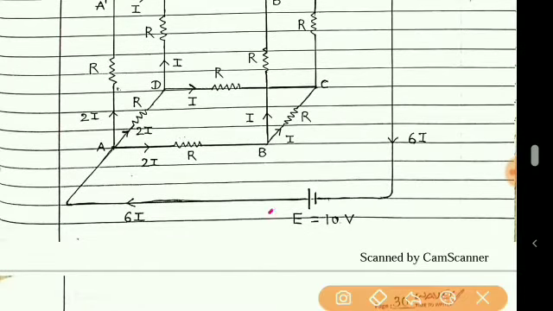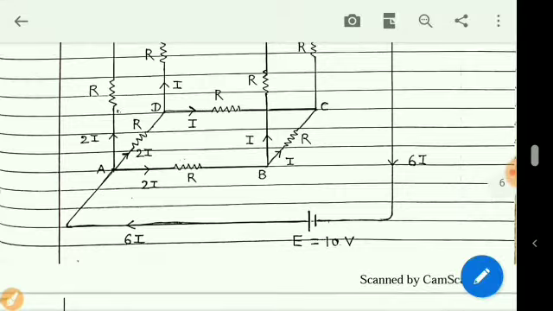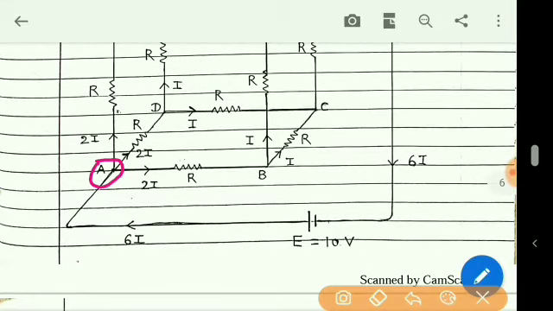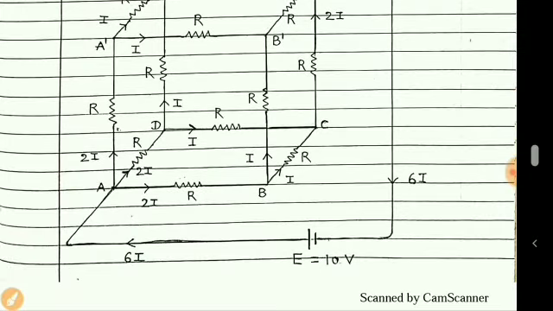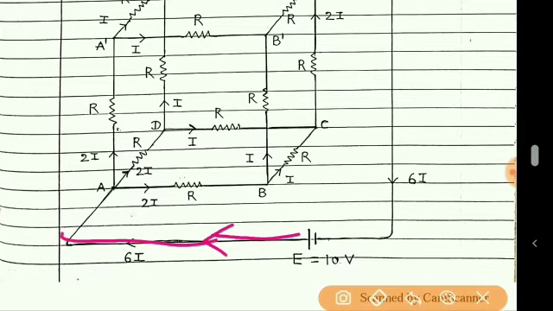This battery of EMF 10 volt is connected across point A, that is this point, and point C dash, and we know that the current will flow through this battery, and after this point, which is a junction point, the current will divide.